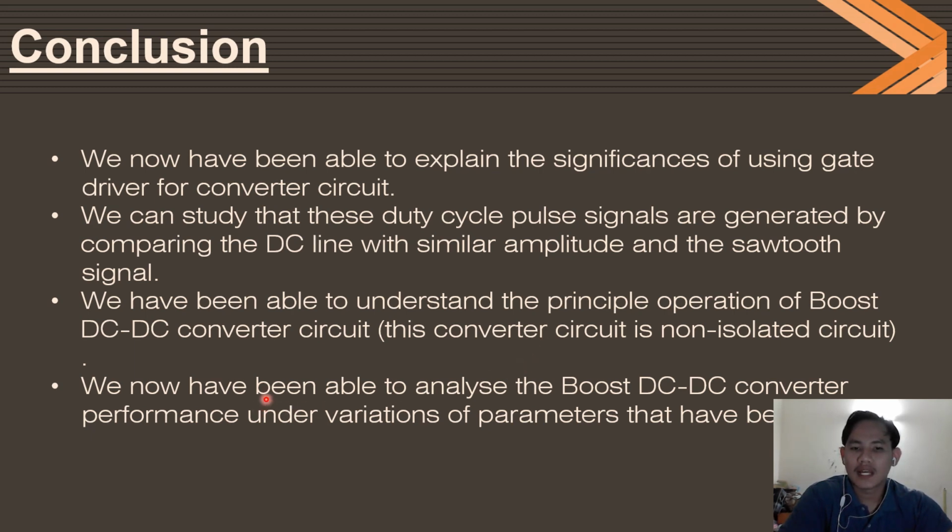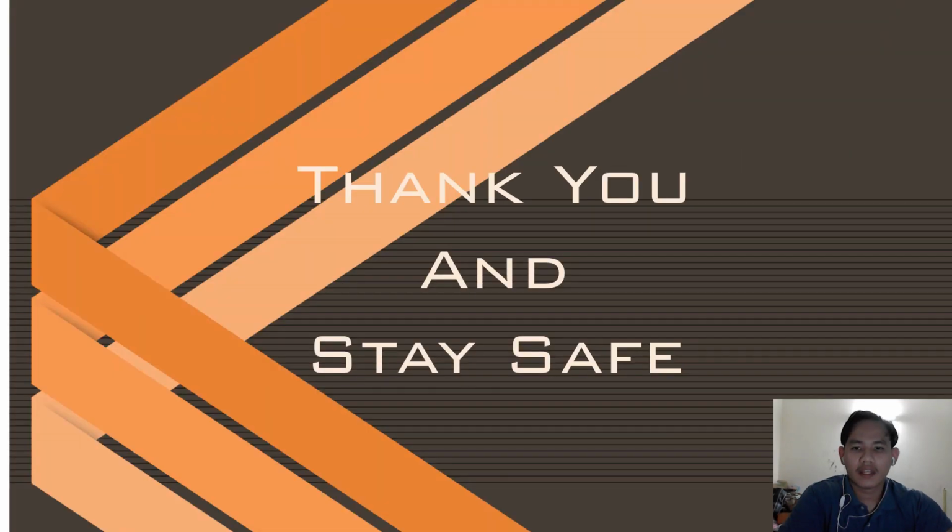Lastly, we have been able to analyze the boost DC to DC converter performance under variations of parameters. For example, we use 80 kHz of frequency and 0.8 duty cycle. And that's all from us.